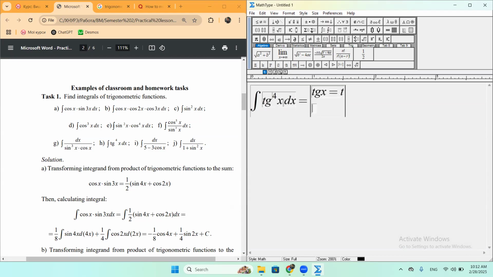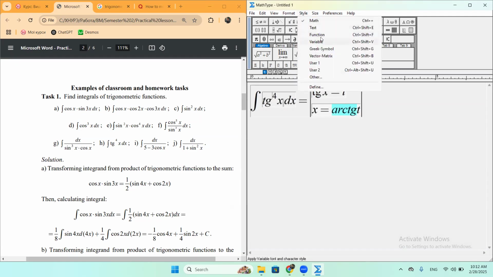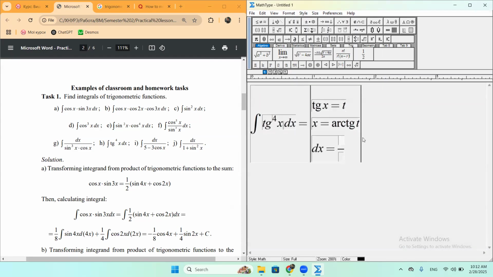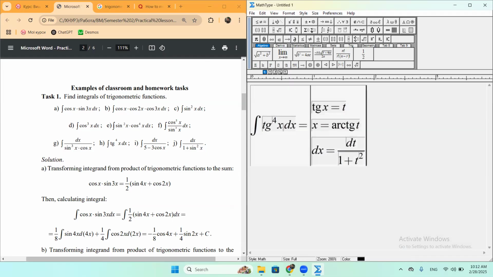Then x equals arctangent of t. Variable function, so arctangent of t. Then dx equals dt by 1 plus t square.